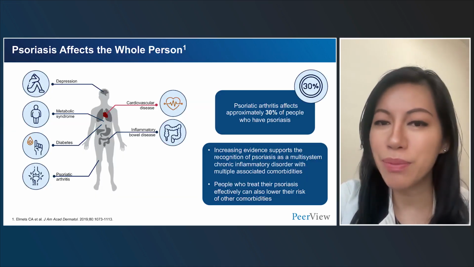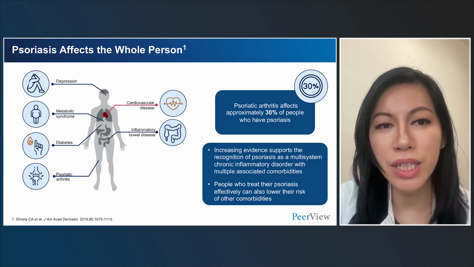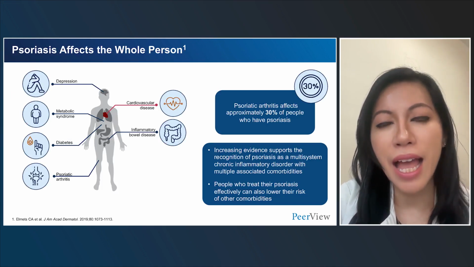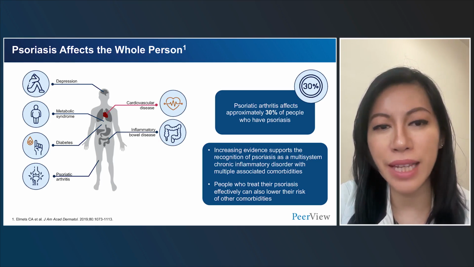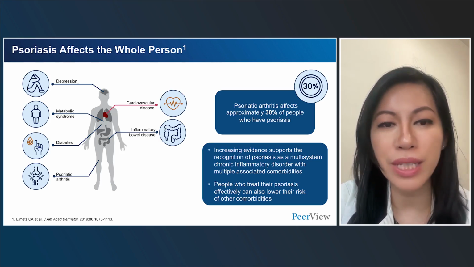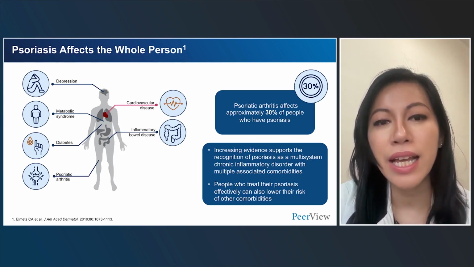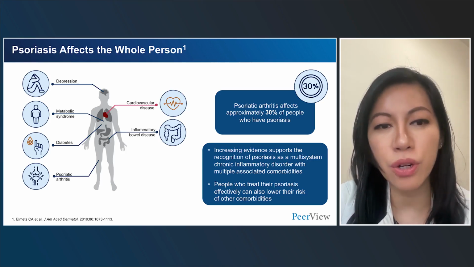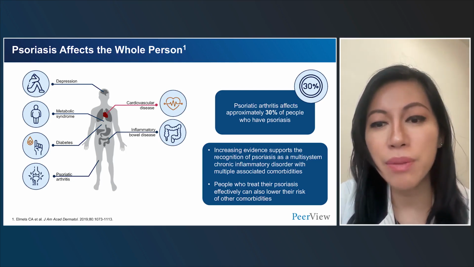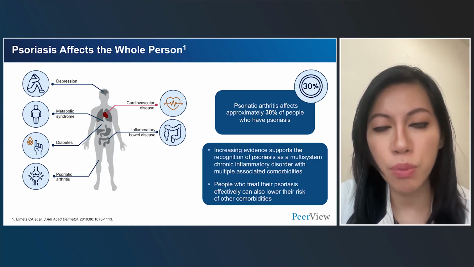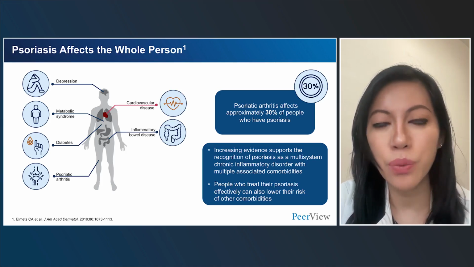Okay, so we'll keep Jeff in the back of our mind and continue to think about psoriasis as a disease that not only affects the skin, but also has a number of important comorbidities. Those include, for example, cardiovascular disease, inflammatory bowel disease, as well as cardiovascular risk factors, things like diabetes, metabolic syndrome, and importantly, mental health comorbidities that can be associated with psoriasis.